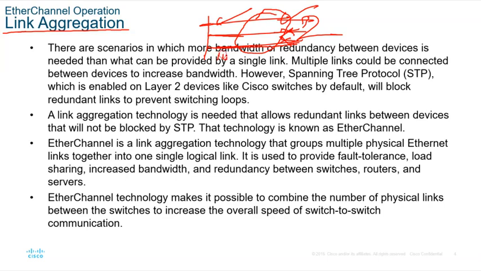Physically, this has 100, this 100, and this 100. But there is a logical link, and that logical link is going to have a speed of 300 MB per second. So there we will have increased the bandwidth.